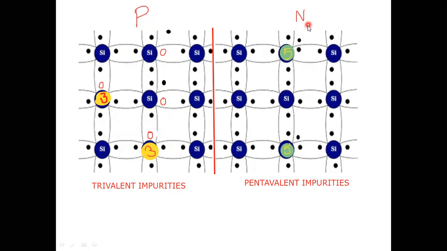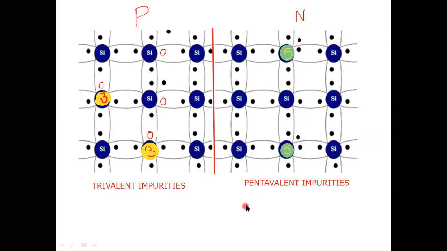In contrast, in the n-side, what is happening here? In the n-side, I'm doping it with pentavalent impurities. Pentavalent impurities means they have five electrons in the outermost orbit. So readily these pentavalent impurity atoms have electrons here.